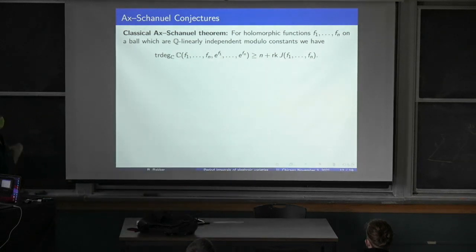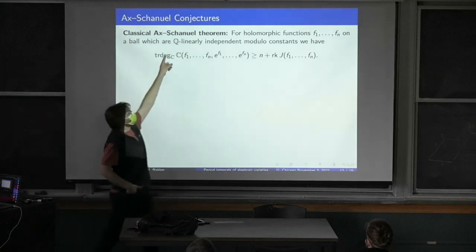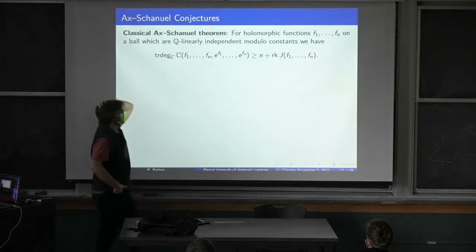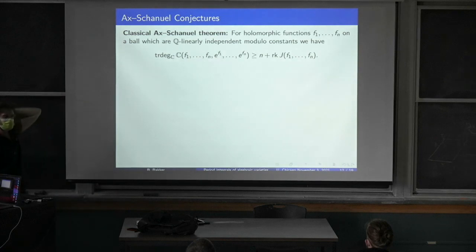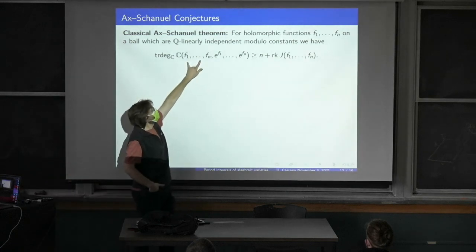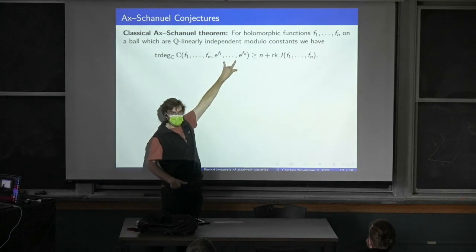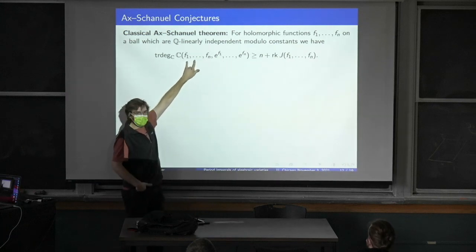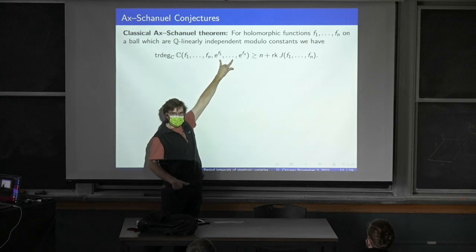So something I haven't said anything about, which you might have been wondering, is why are we assuming that they are Q-linearly independent? And that's to rule out the obvious algebraic dependence a bunch of functions could have with their exponentials. Notice that if these fi's are Q-linearly dependent, when I exponentiate a Q-linear relation, I get a monomial relation of the exponentials.